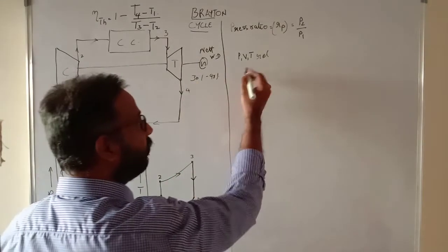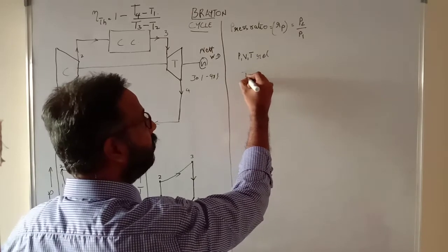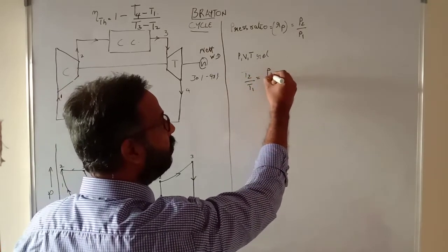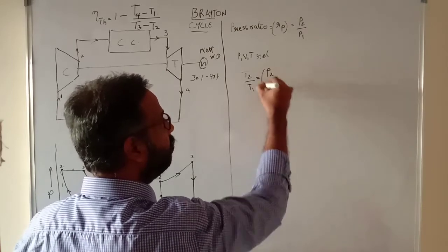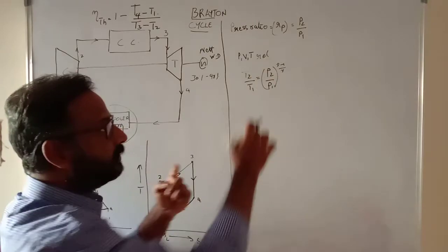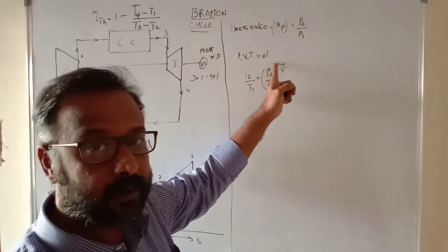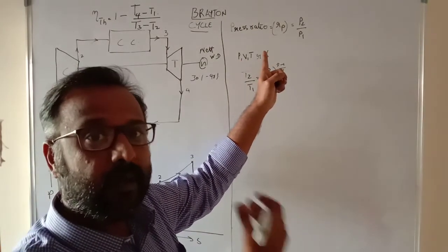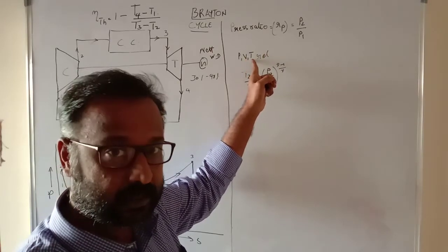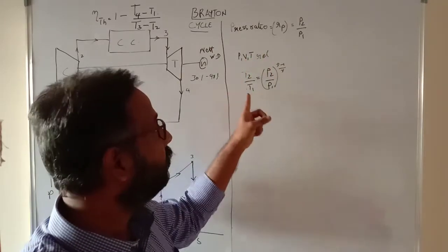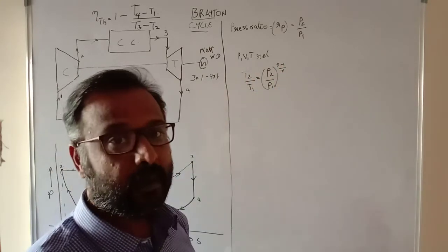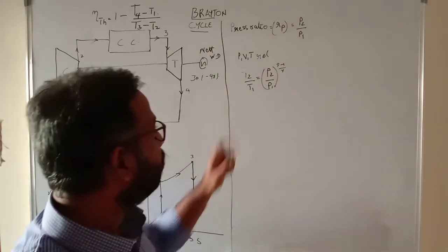We can say that from the PVT relation, T2 by T1 is nothing but (P2 by P1) whole raised to (gamma minus 1) by gamma. This relation can be got from the PVT relation. If you have time, you can derive it yourself using Charles's law, Boyle's law and the universal gas law.